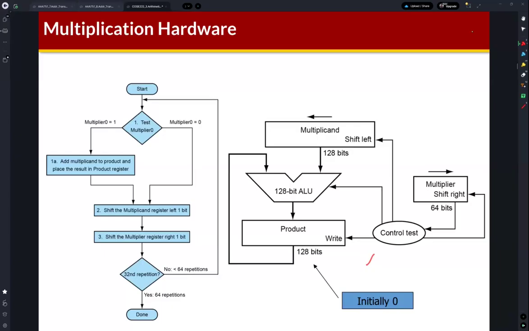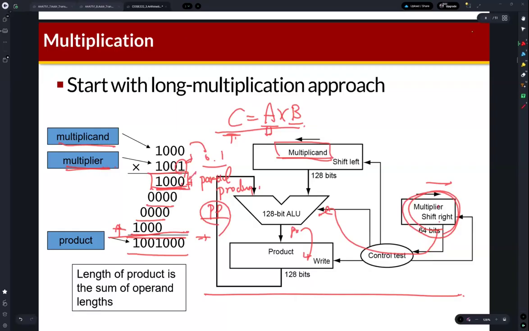But actually, this is very inefficient. Why? Because in order to generate each partial product, we need to shift the multiplier one by one.